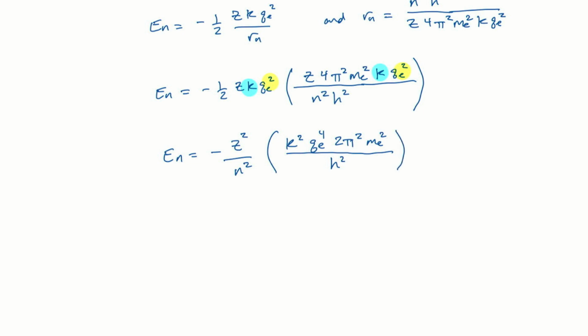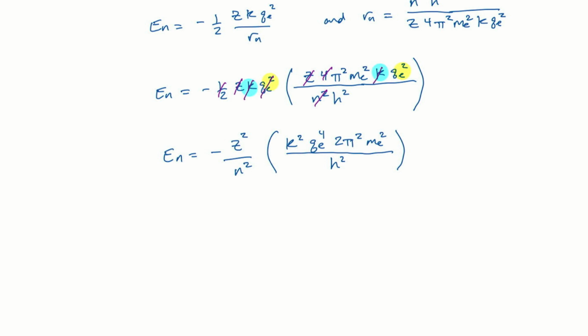So let's just double check this. Okay, so looking at the line above, we've got the 1/2. We'll go with the 4. Okay, then we've got the z here and here for z squared. We've got the n squared. Okay, we've got the k squared.